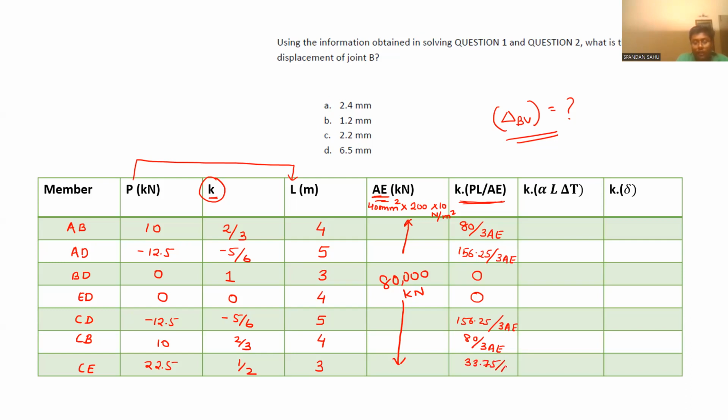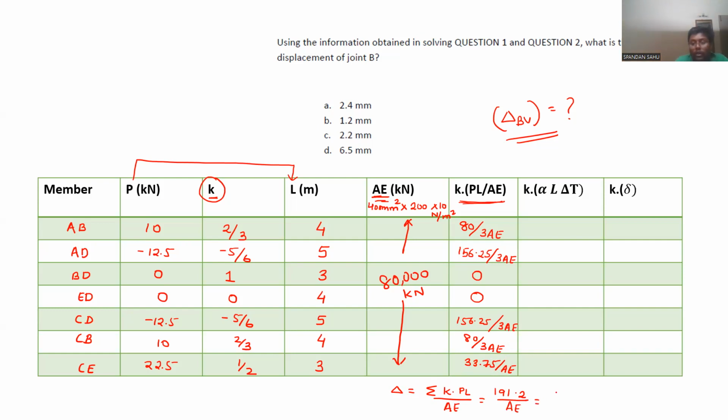And this will be 33.75 upon AE. So we know our delta will be equal to summation of K into PL by AE. From here, if we add up, we will get summation of KPL as 191.2 by AE.